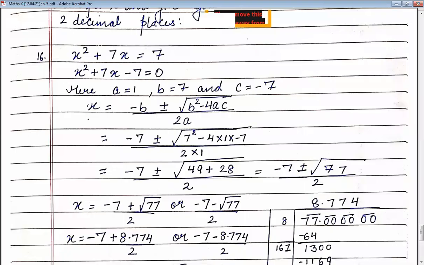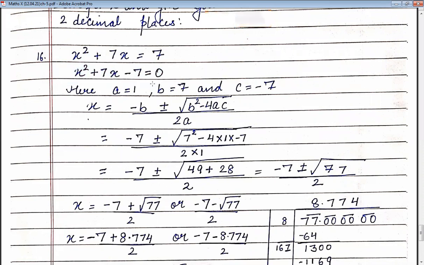Now children, let us discuss the second question based on the formula. Your question is x square plus 7x equal to 7. First of all, just change it into the standard form of quadratic equation, that is x square plus 7x minus 7 is equal to 0.